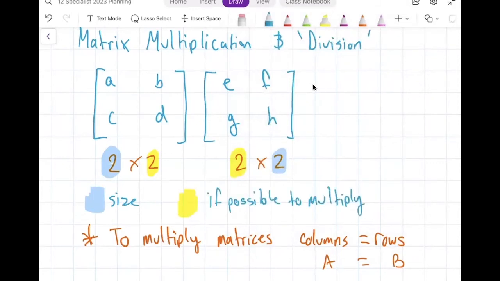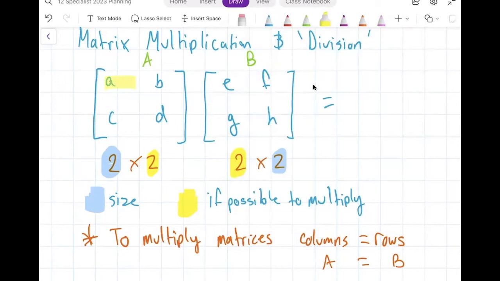So that's just covering off those base ideas. To multiply two matrices, my columns need to equal my rows, or my columns of A need to equal my rows of B, assuming I've labeled this A and this B. So in terms of how we actually do our matrix multiplication, I multiply row by column.